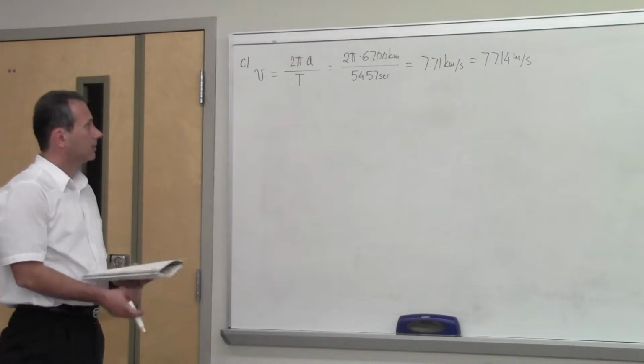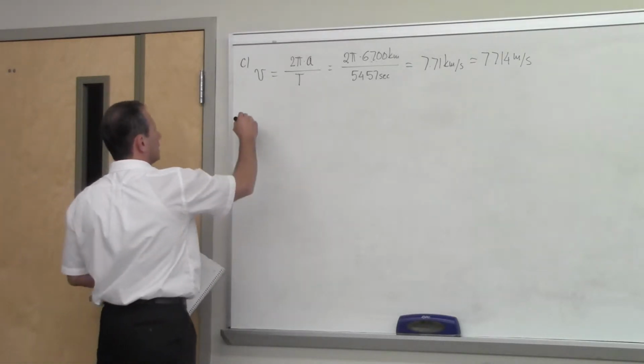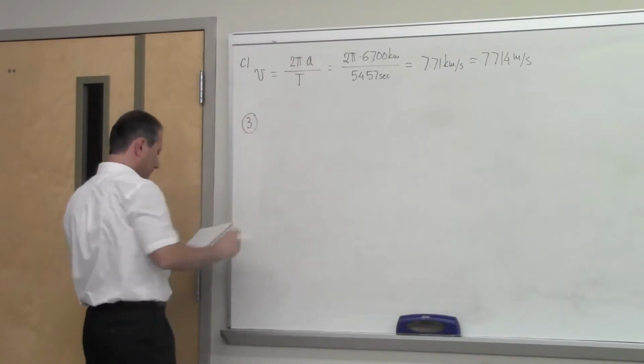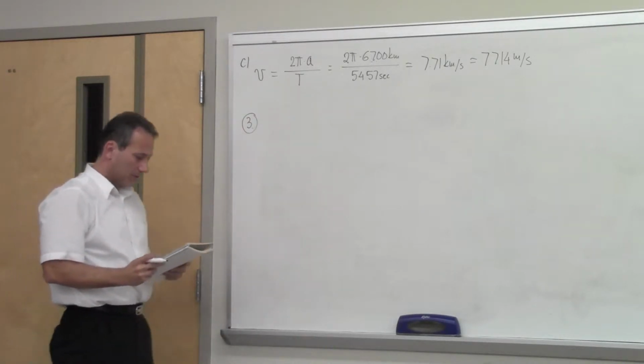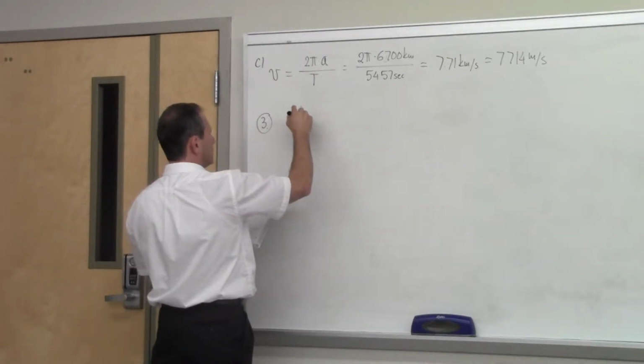Okay, let me go to another problem. This is problem number 3. It says orbital measurements of Italian satellite 0.